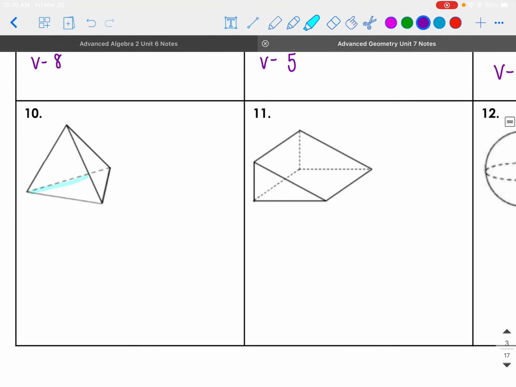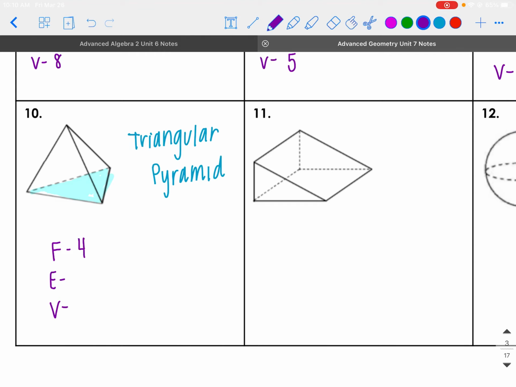Number 10, this is a pyramid, and my base is down here. This would be a triangular pyramid. It has 4 faces, 6 edges, and 4 vertices.